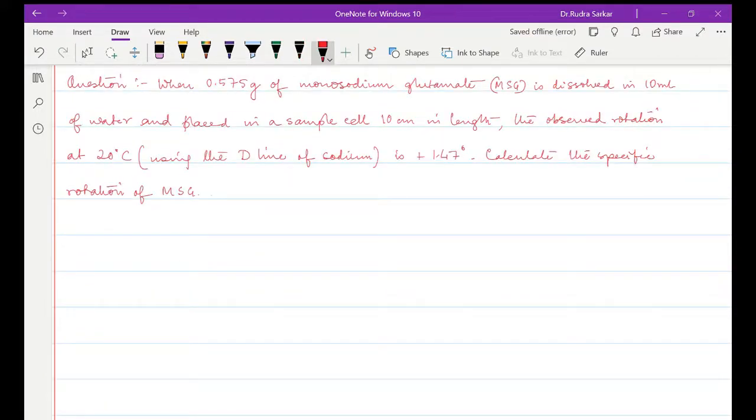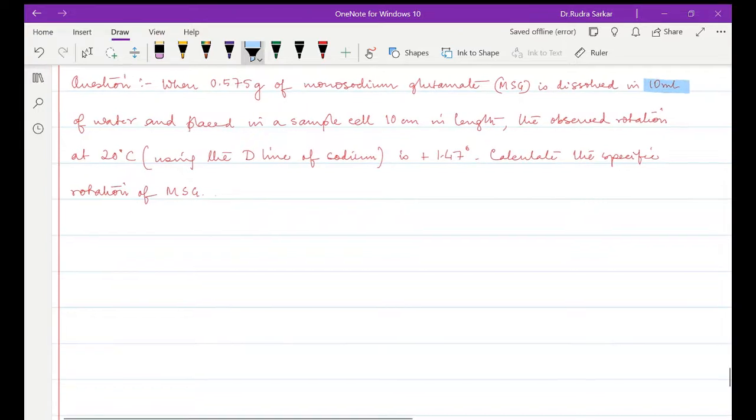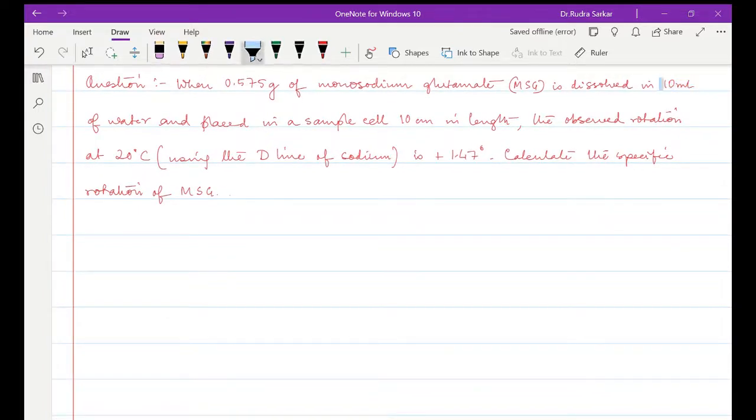Okay, so in this particular problem, they have said when 0.575 gram of monosodium glutamate, which is MSG, is dissolved in 10 ml of water and placed in a sample cell 10 centimeter in length. Okay, so we have the volume being given to us, that is 10 ml of water.